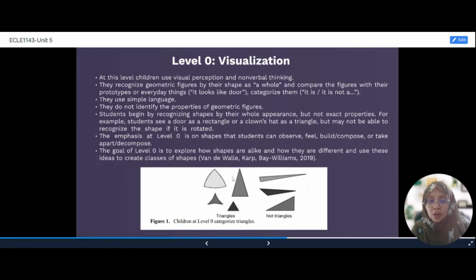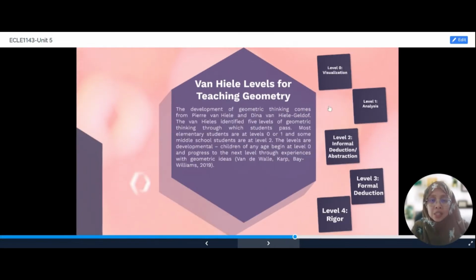For example, when looking here, the child does not know that a triangle should have 3 equal sides and 3 angles, but knows this is a triangle and this is not a triangle because of the way it looks, even though this one is actually a triangle too. When children are at this visualization level, they do not focus on the properties but on the appearance. Alright, so this is level 0, visualization.